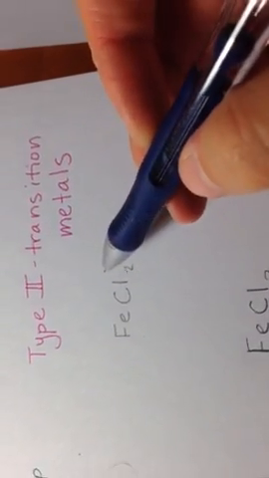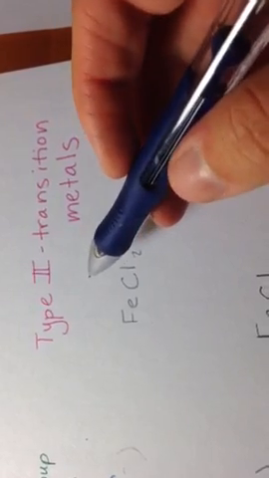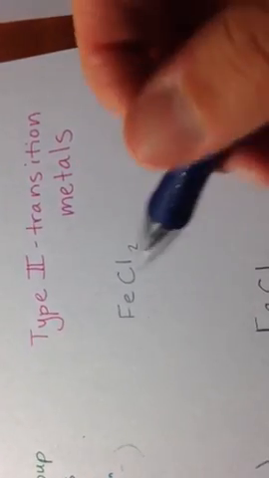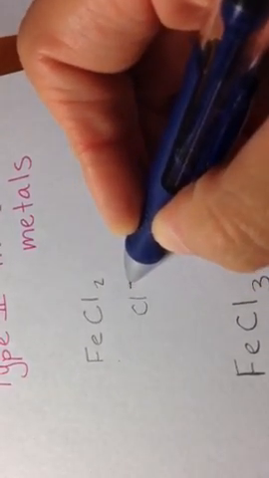Iron is not one of those that's set in stone, so we have to determine its charge based on what it's paired with. Now we know chlorine is one of those that's always set in stone. When it's forming an ion, chlorine always forms an anion with a charge of -1.